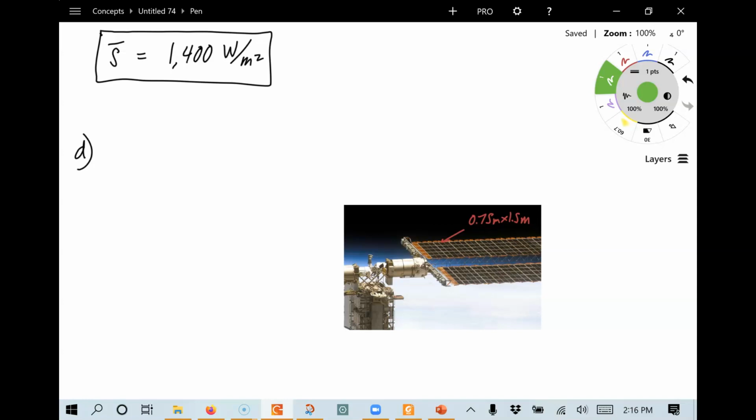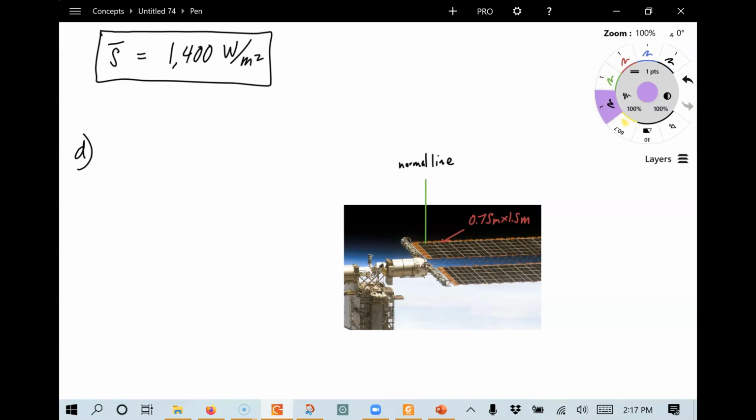So let's draw the normal line to one of these. Okay, so here we go, a little normal line like this. And now the light itself is going to be coming in like this. So I'll use purple for the light.